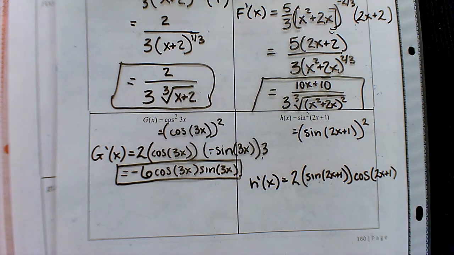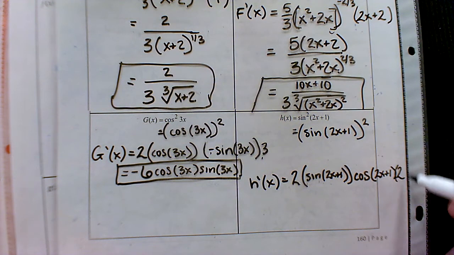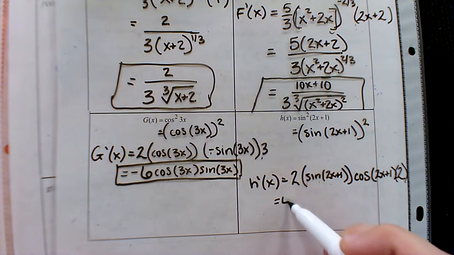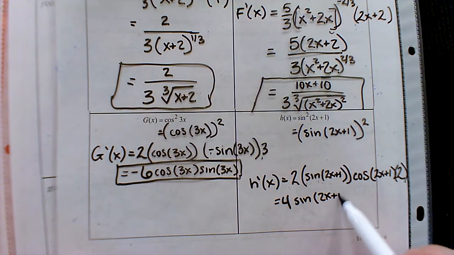So that would be the 2x plus 1. And then the last layer you identified was 2x plus 1, and the derivative of that would just be 2. Okay, all of that's being multiplied together. So we have a 2 times a 2, which would give us a 4. And then we're just left with those trig functions.